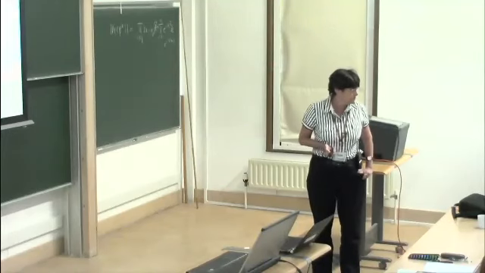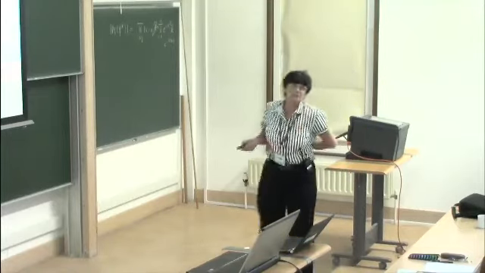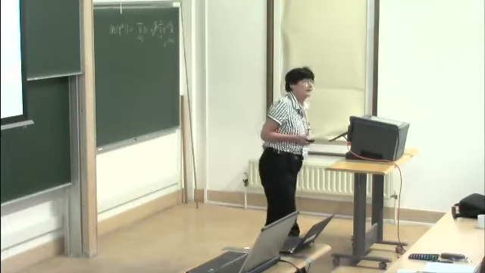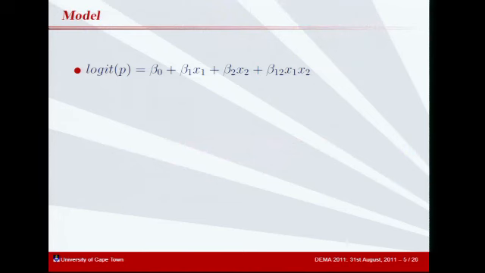The model we chose, because there are a great many models out in the sort of pharmaceutical type of literature, is a very simple one. Just logit P is the usual sort of beta naught plus beta 1 x1, beta 2 x2, and beta 12 x1 x2.